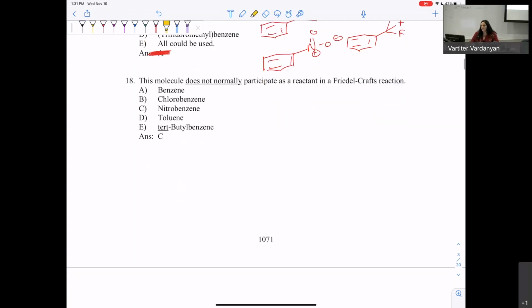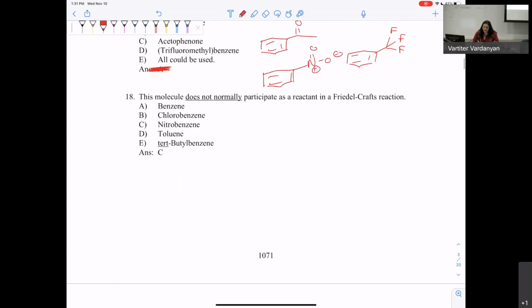The next one is asking the opposite: which one does not normally participate? So we're looking for anything that violates the rule. Chlorobenzene, we just said that will work. Regular benzene, obviously going to work.